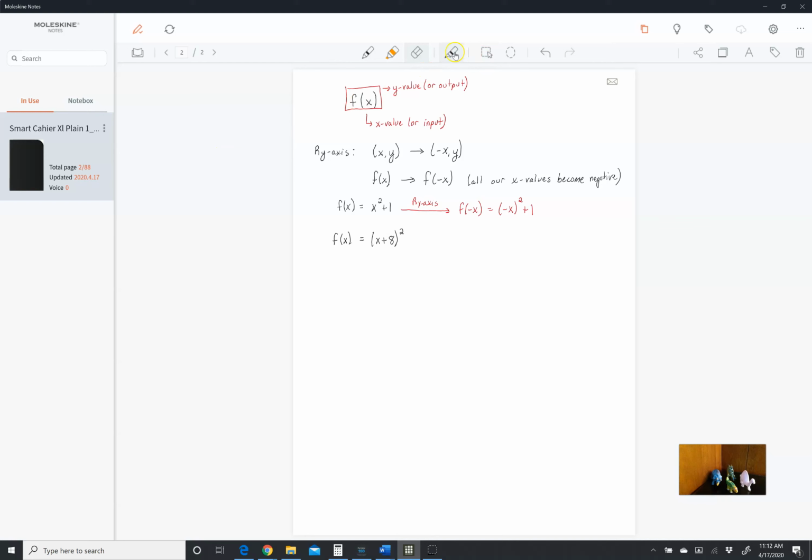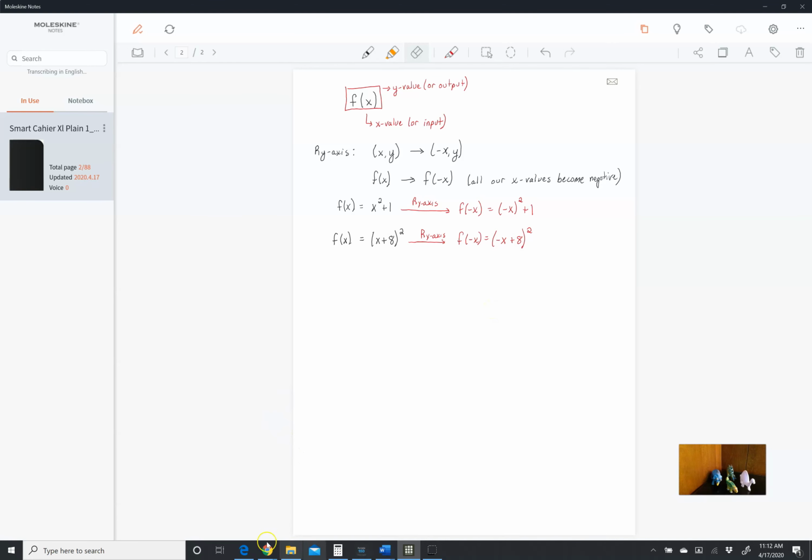So once again, we're going to reflect this in the y-axis, which means that every time that we see an x, we're changing it to a negative x. So instead of x plus 8, we have negative x plus 8. Okay, so this is just like composition of functions that we did way back when.